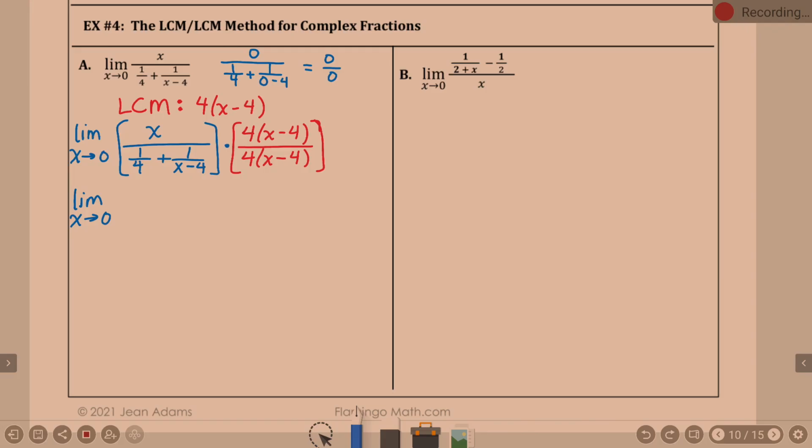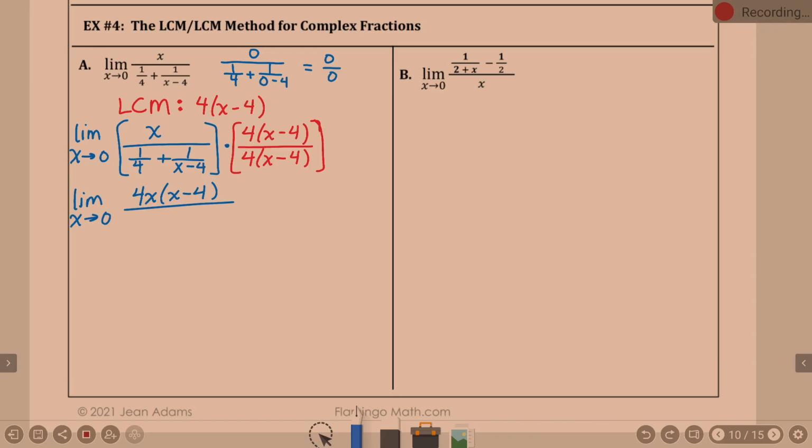Now, on top, is anything going to cancel? No, it's x times 4 times x minus 4. For simpler sake, I'm going to put the 4 and x together and write it as 4x times x minus 4.